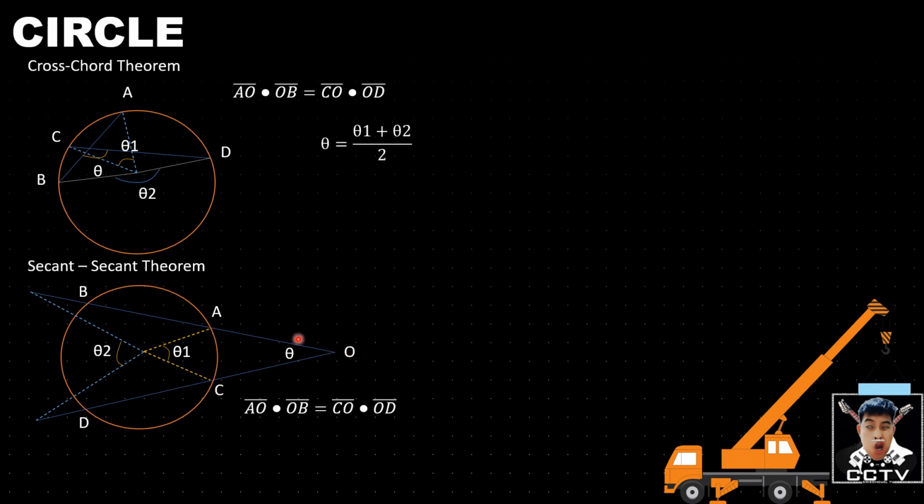Mali. A to O, B to O, and C to O, and O to D. Yan lang. And, lagi nyo lang tatandaan na yung cross-chord theorem lang ang nagpa-plus. Lahat minus na. Theta 2 minus theta 1 na lahat.